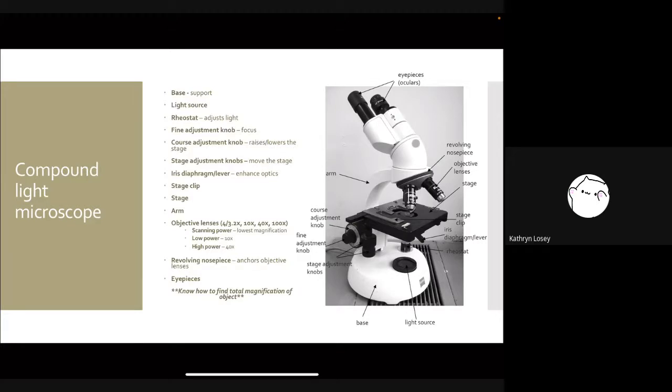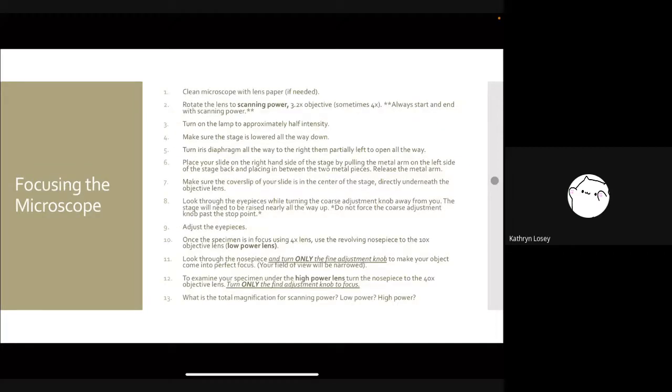And then the revolving nose piece is where the objective lenses are anchored. Again, make sure you remember that there's 10x in the eyepieces, and then you multiply that by whatever the magnification is for the objective lens to find the total magnification of your object. I'd be surprised if they don't ask you a question on that.